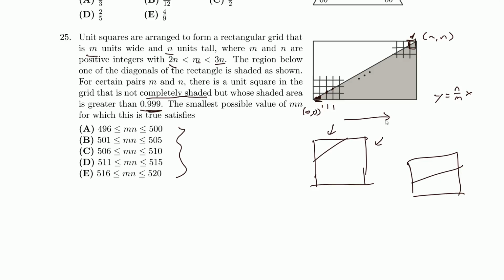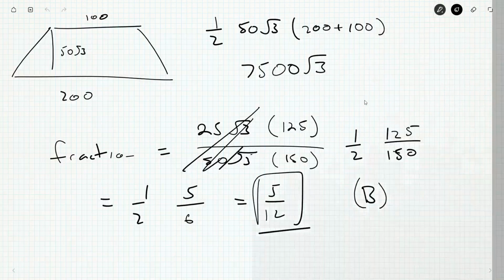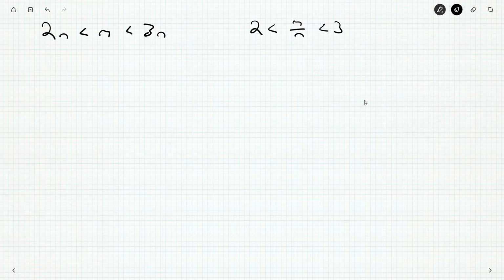Now we're wider than we are tall, so if I were to, say, calculate the slope of this line, it's actually quite shallow. What do we got? 2n less than m less than 3n. And that divided by n, 2 is less than... That doesn't make... Oh, wait, no, the slope of our line is n over m.